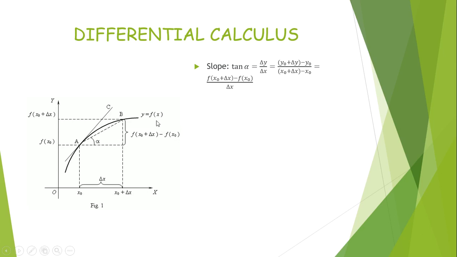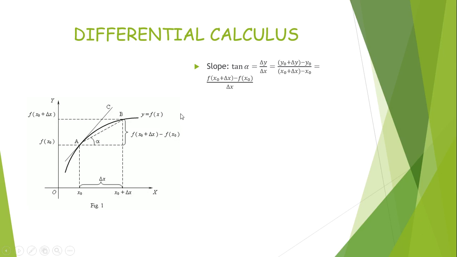As here y is a function of x, tan theta or tan alpha, that is the slope, is del y by del x. Del y means the change of value in the y axis, that is y0 plus del y minus y0, and del x means the change of values in the x axis, that is x0 plus del x minus x0.